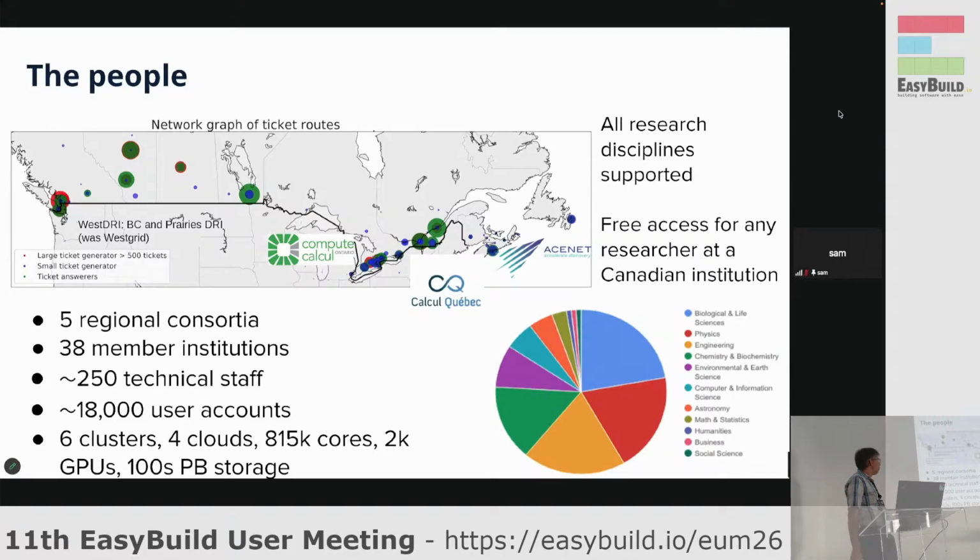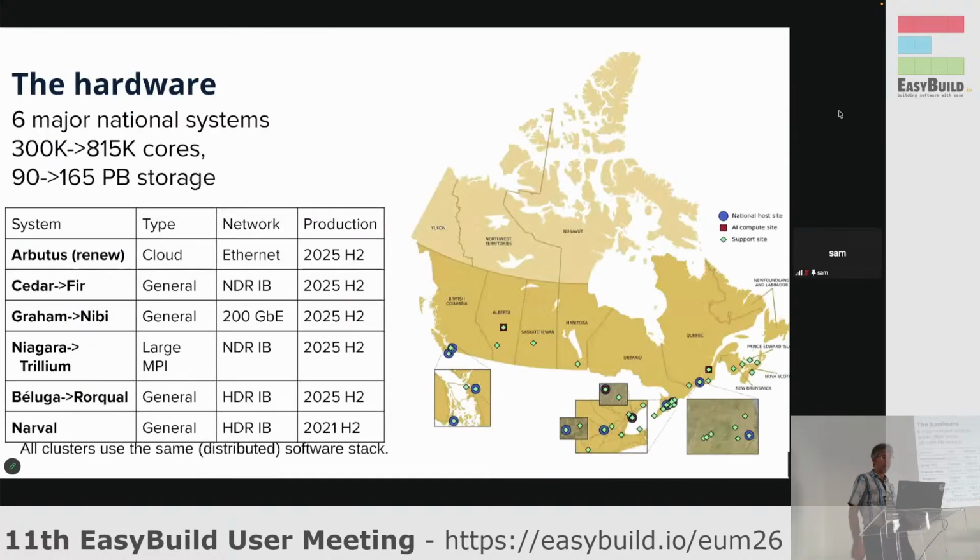I think we now have 400 people working within the Digital Research Alliance of Canada, almost 20,000 user accounts, 6 clusters, almost 1 million cores combined, and 3 extra researchers at the Canadian institution. And we've just been through a renewal.